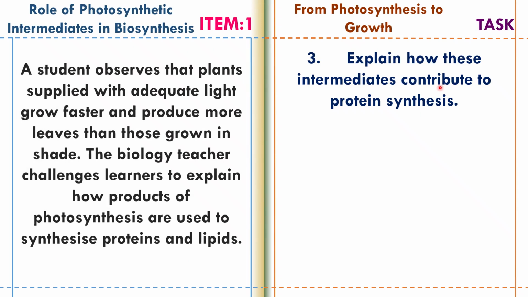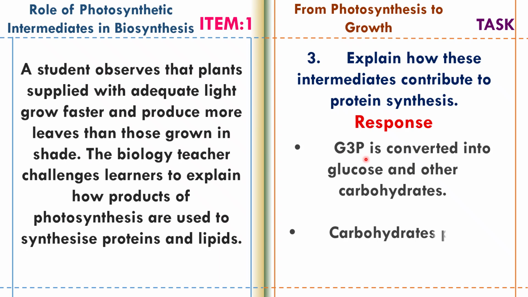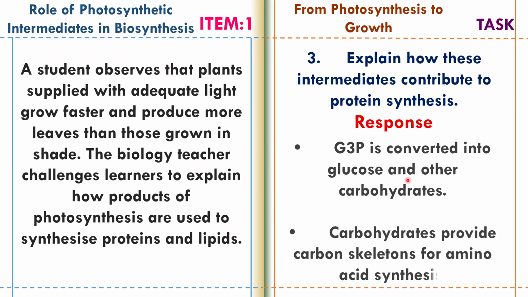Explain how these intermediates contribute to protein synthesis. G3P is converted into glucose and other carbohydrates. Carbohydrates provide carbon skeleton for amino acid synthesis.